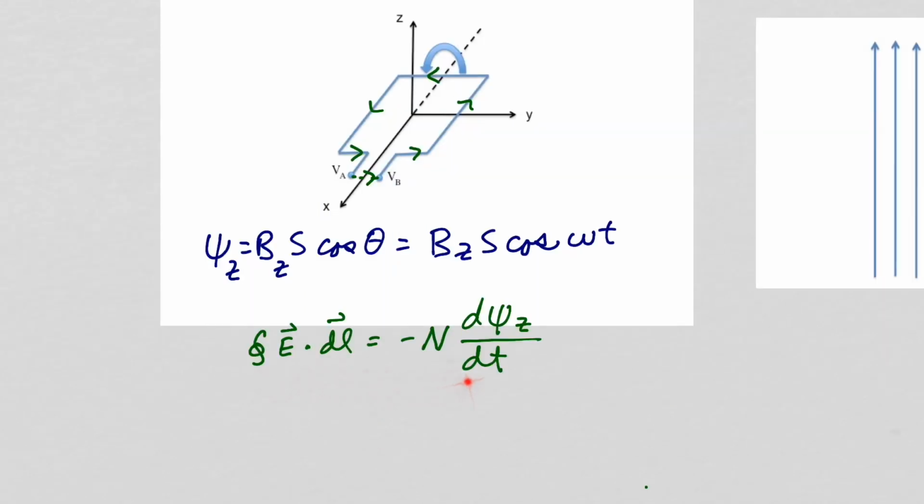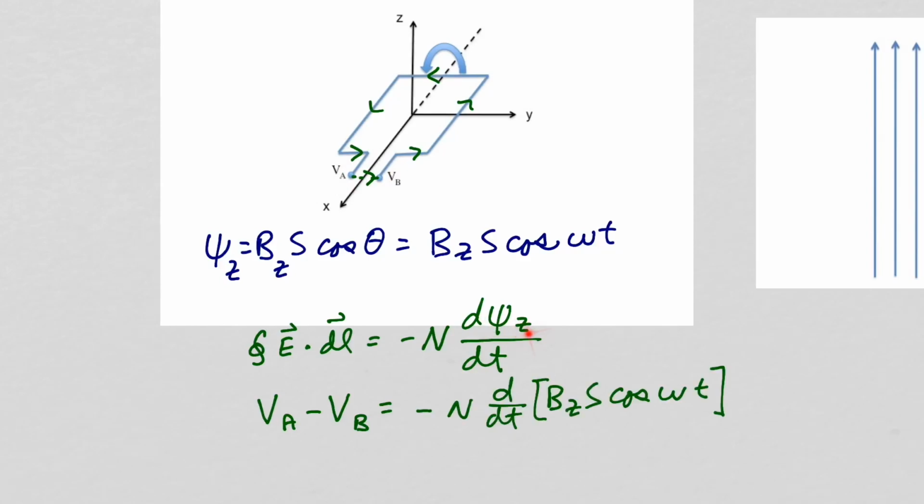Let's apply Faraday's law. We'll integrate in the direction of the arrows here, so putting your right fingers in the direction of the arrows, your right thumb points in the z direction, so this will equal minus n, the number of turns of this coil, times d psi/dt in the z direction. Assuming negligible resistance in the coil, the integral of E dot dl will just be the voltage drop across our gap.